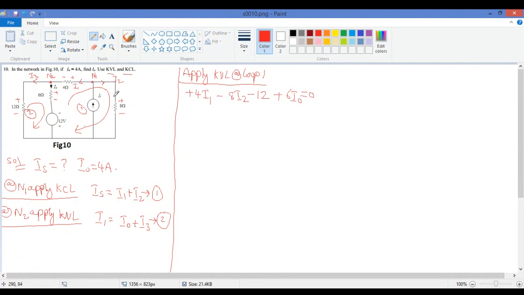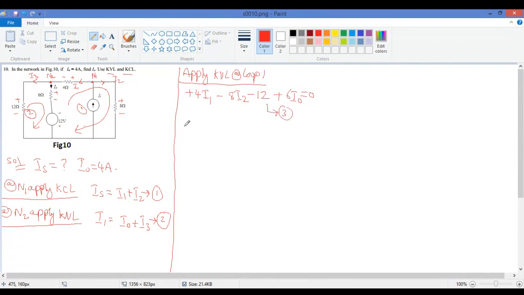Here the current is I2 and it is leaving negative, minus 8 I2, and here it is leaving from negative, minus 12, and here it is leaving from positive, plus 6 I naught. Is it clear? I have written a simple KVL equation. Is it okay, Ahmed? Okay, that's great. So let us call this equation 3.